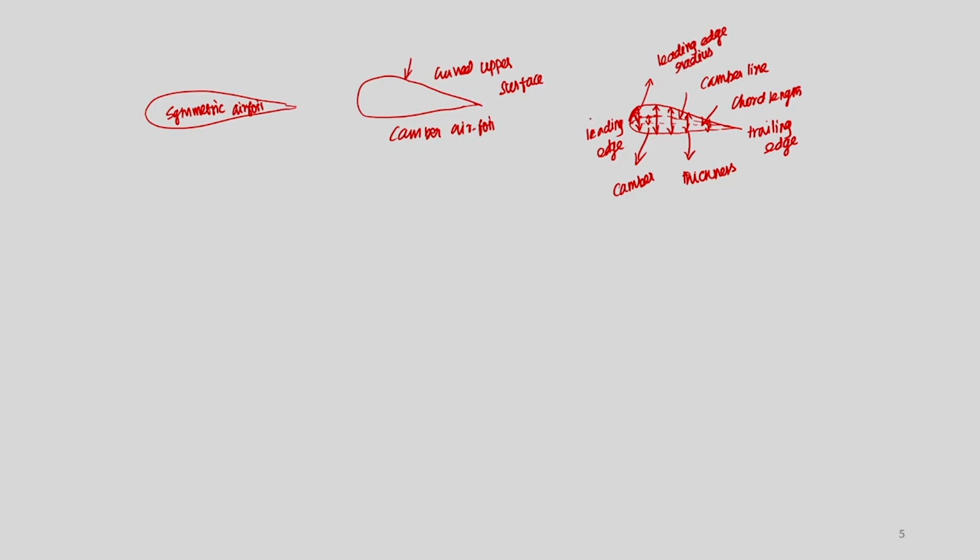One more thing we told: this is your chord line and this is your relative velocity vector, the relative velocity of wind. The angle between these two, the chord and the relative velocity of wind, is called the angle of attack.